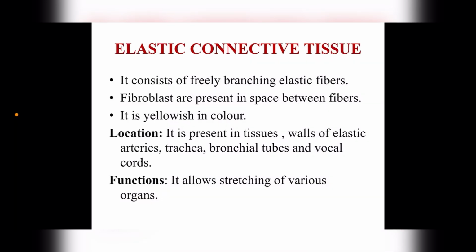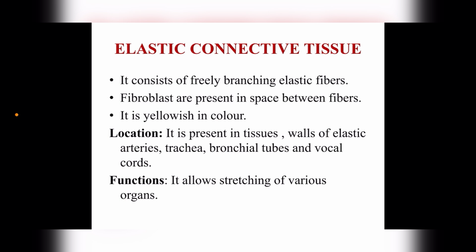Next, elastic connective tissue. It consists of elastic fibers in a free branching arrangement, and fibroblasts are present in the spaces between the fibers and not in a row fashion.